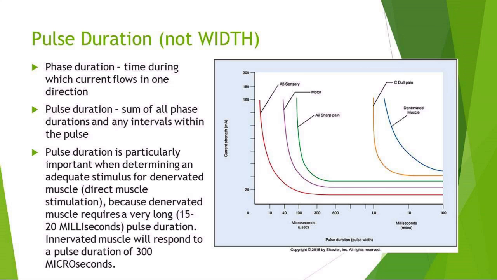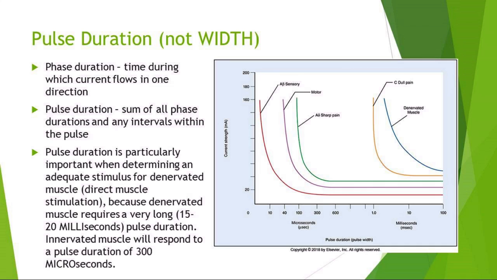So we want to stimulate those A-beta sensory nerves. We need to keep our pulse durations below 100 microseconds. Okay, you can kind of see that on the graph. So once we get up to 100, we're going to start stimulating some motor nerves.